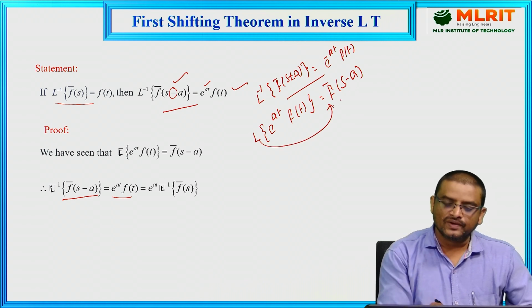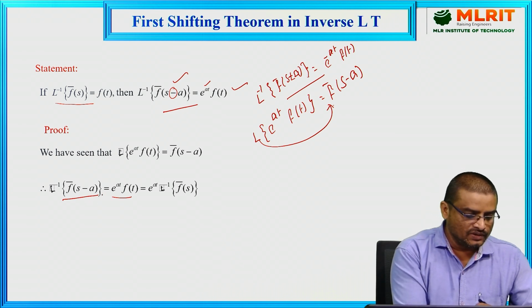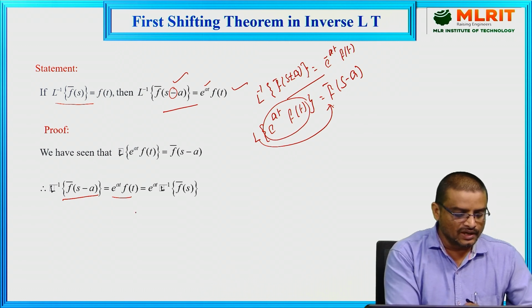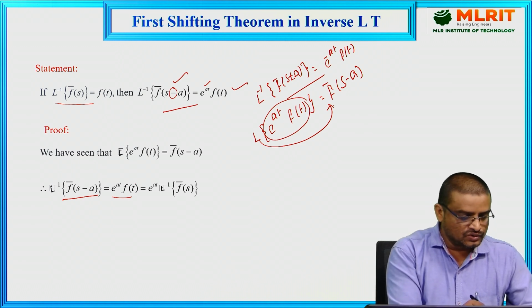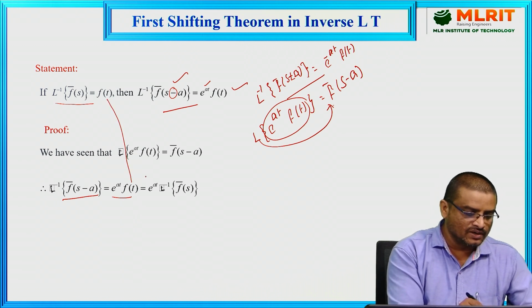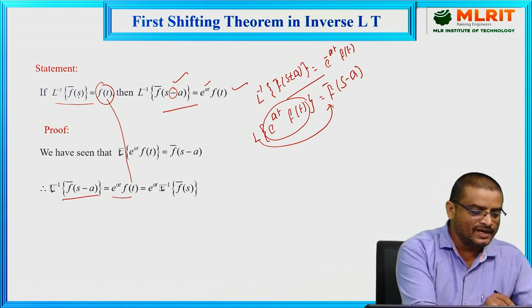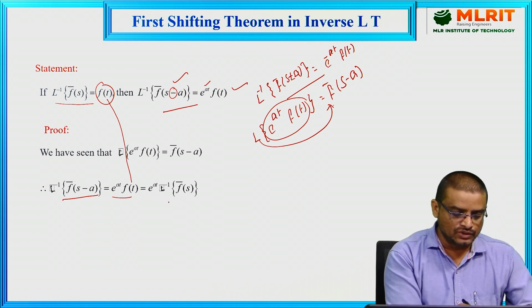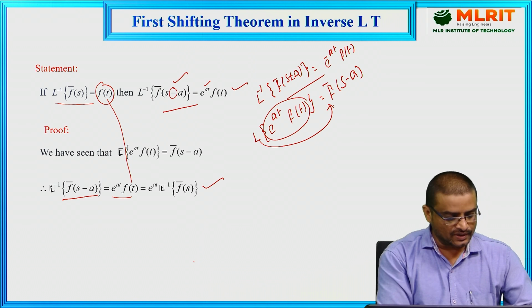L inverse of f bar of s minus a is given by what remains after sending that Laplace transform to that side. It becomes e power at into f of t. From the definition in the given statement, f of t can be written as L inverse of f bar of s. So you can take e power at into L inverse of f bar of s.